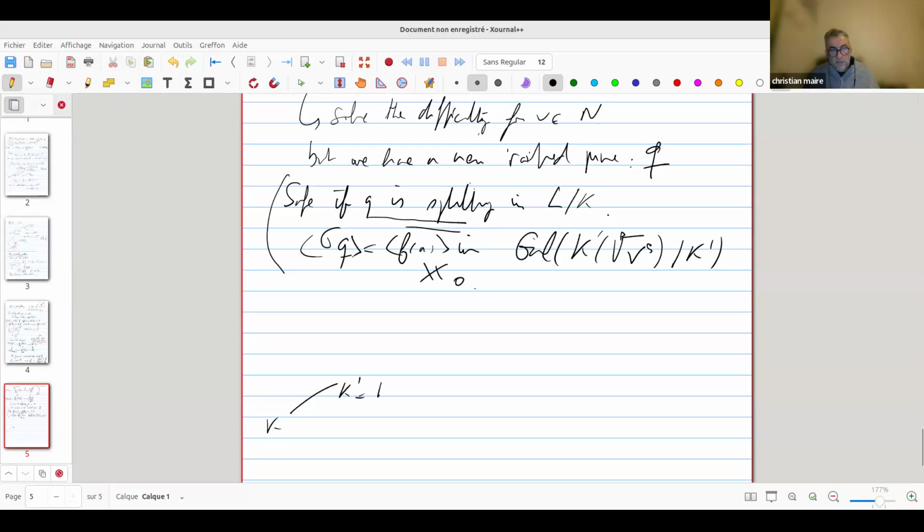So K prime was K zeta P. And so we start with L prime. We want Q to be splitting here, and not splitting here.